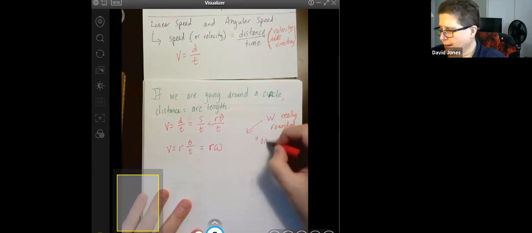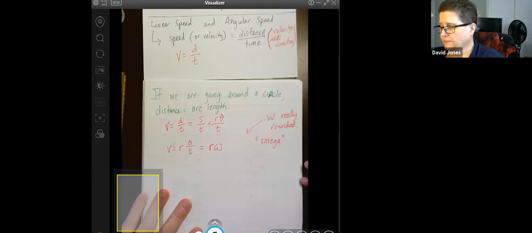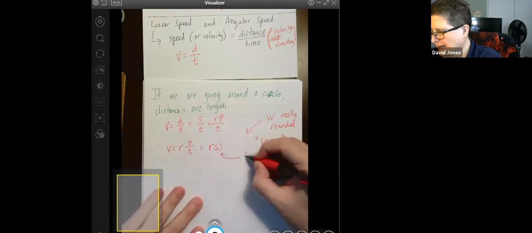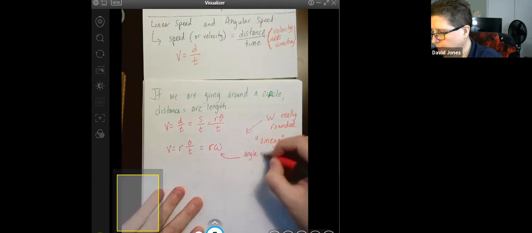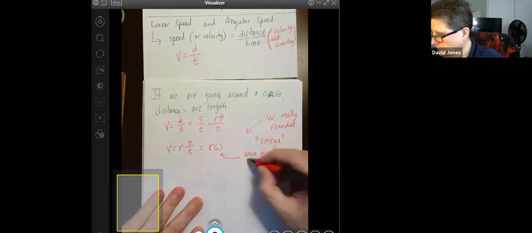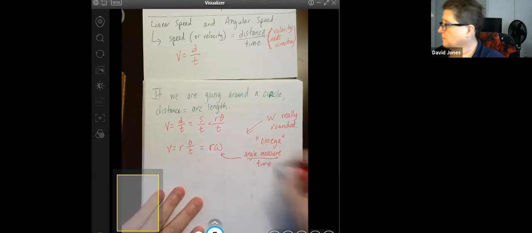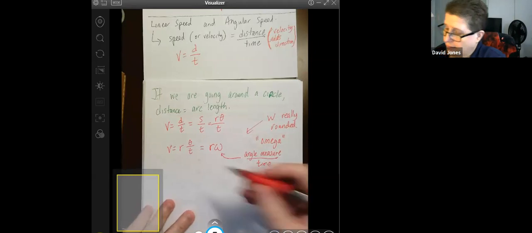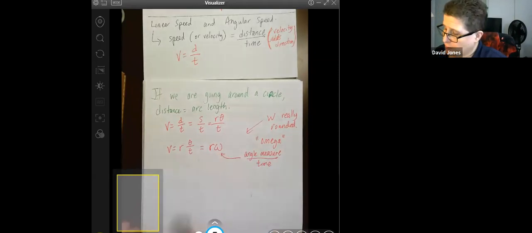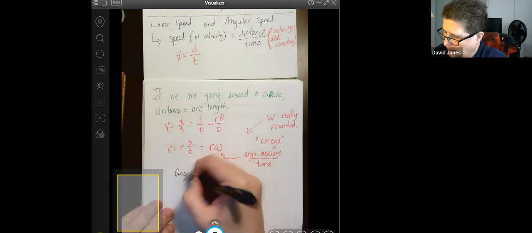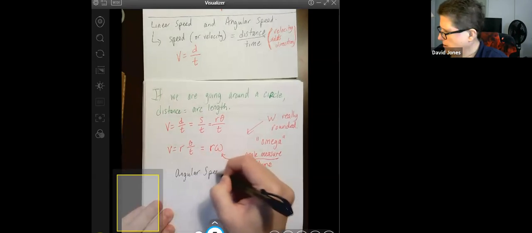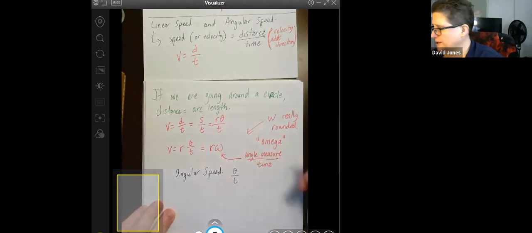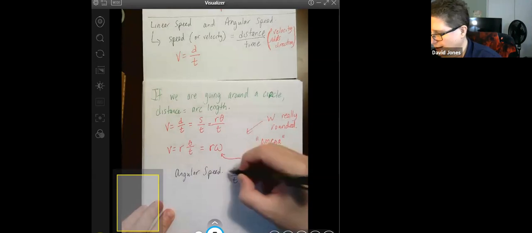It's the Greek letter omega, and this is angle measure over time. That's called angular speed. How quickly we go through an angle over time is omega, and that's our angular speed.